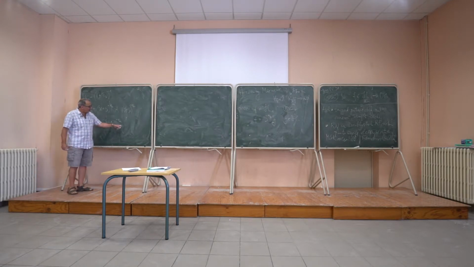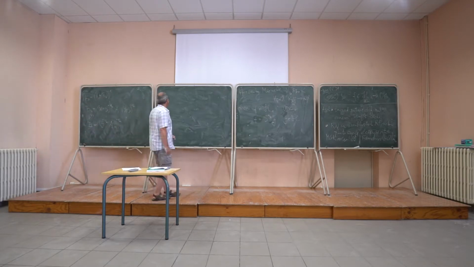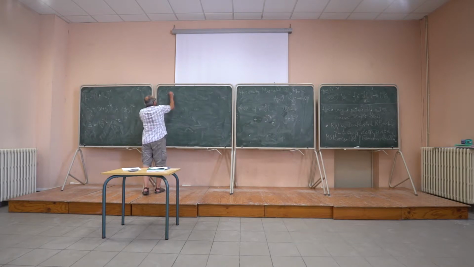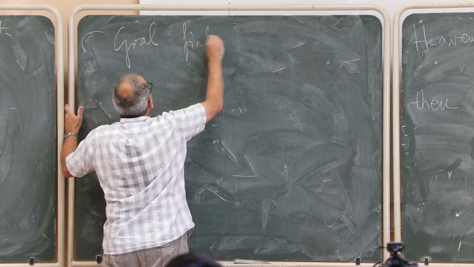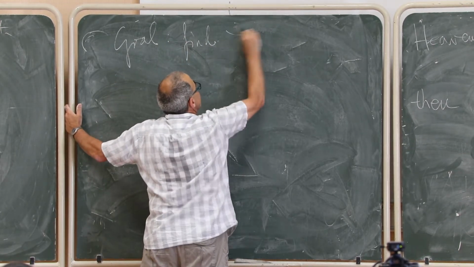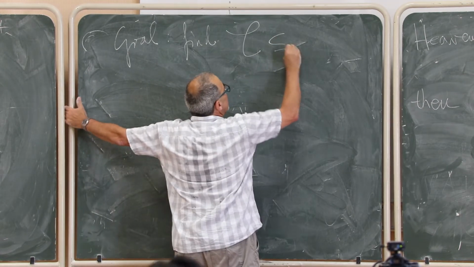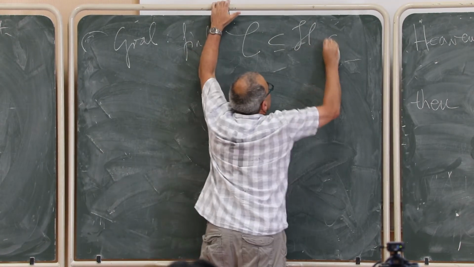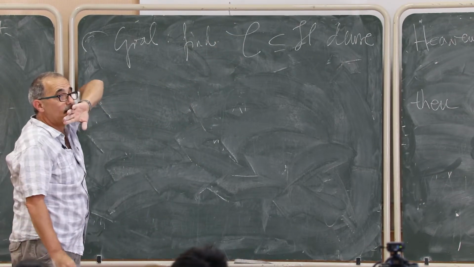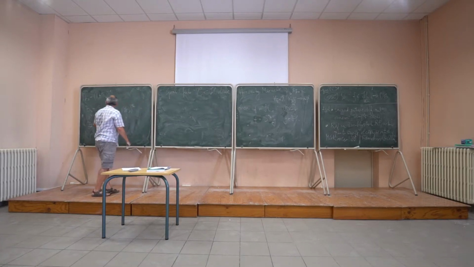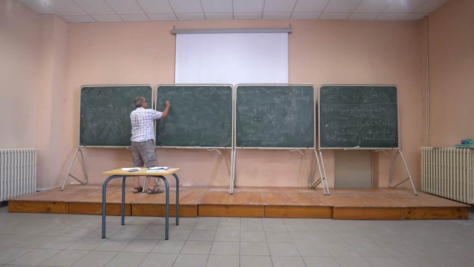I want to find a dense subspace. So the goal is to find a dense core, say C, a dense subspace, on which B is defined.